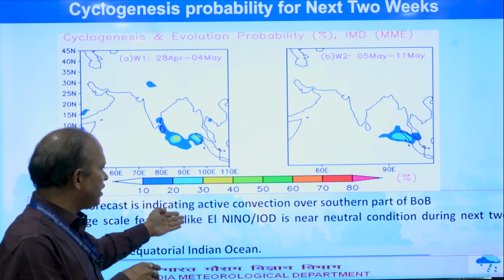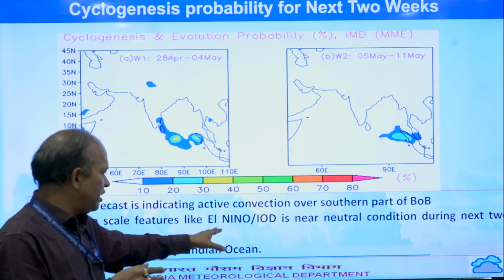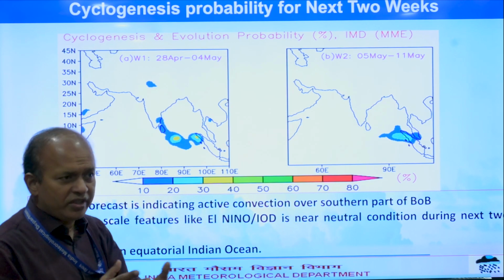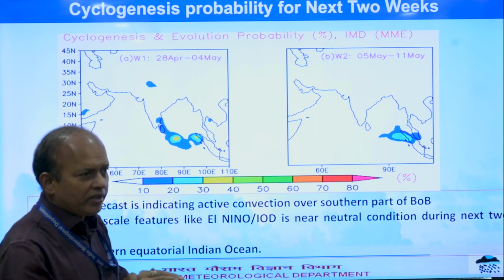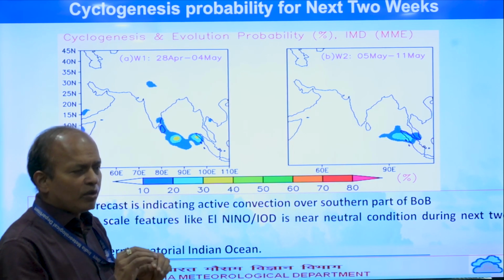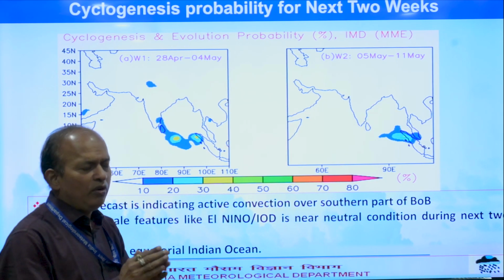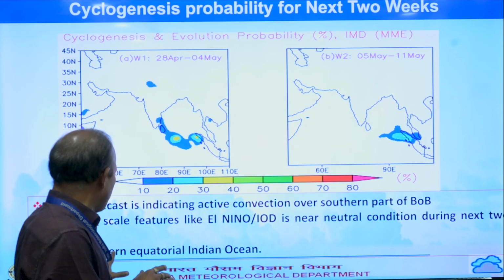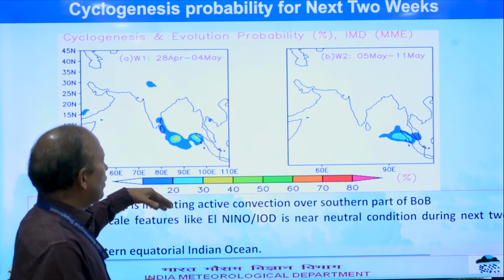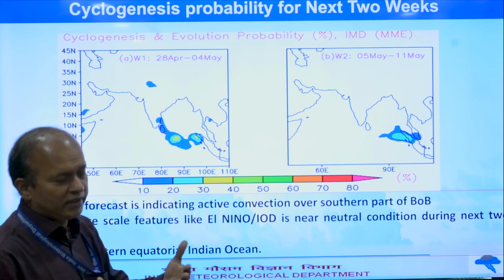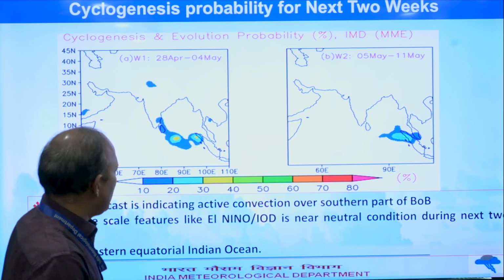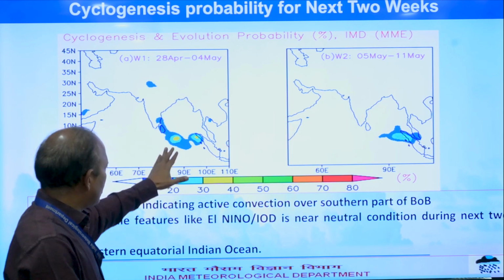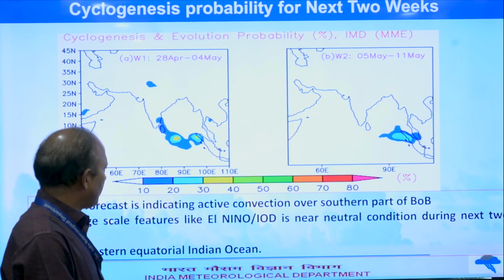That's why we are monitoring: El Nino and IOD, all these large scale features, are in neutral conditions, and the Madden-Julian oscillation is in the equatorial Indian Ocean, close to a weak value, not very strong. Still we have to monitor whether this convective belt has the potential to become a cyclonic storm. We will be monitoring this. But yes, convective activity is going to be above normal over the South Bay of Bengal.